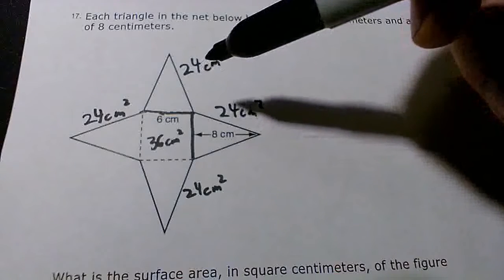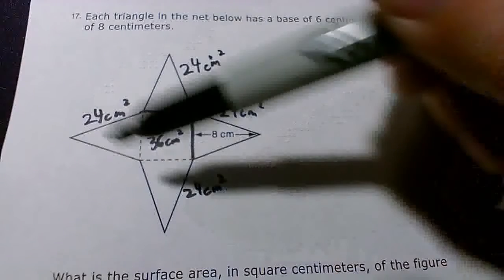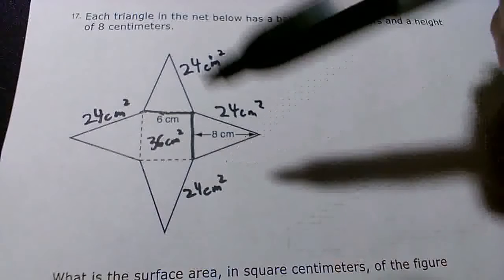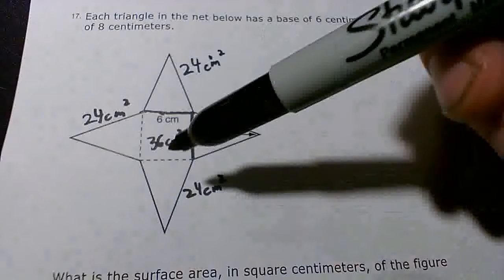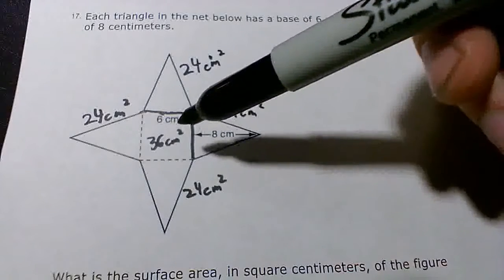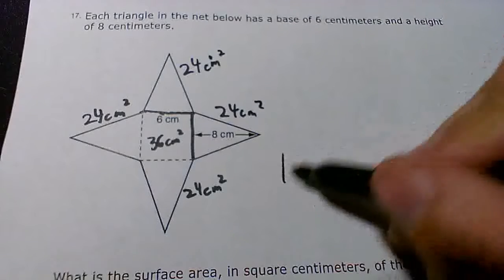24 plus 24 gives me 48. 24 plus 24 will give me 48 again. 48 plus 48 is going to give me 96. And then 96 plus an additional 36 will give me a final answer of 132 centimeters squared.